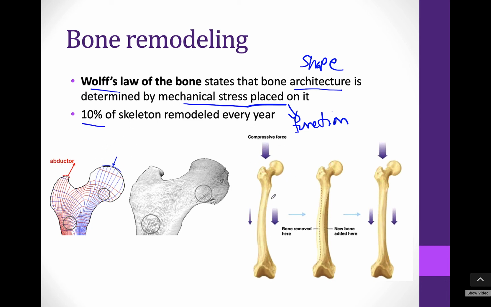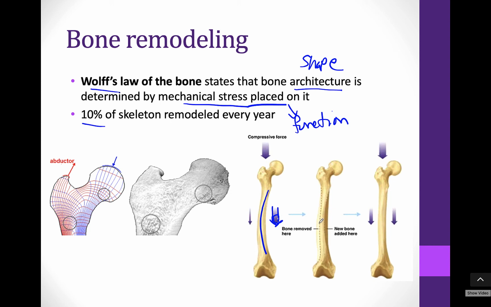So imagine we've got this femur, and you can see how it's kind of got this curved shape like this. And maybe this person is going to start running, or they start walking differently, and the stress that's occurring to this bone changes. Maybe there's more stress added on this side now for some reason.